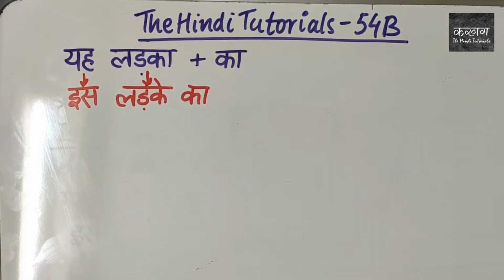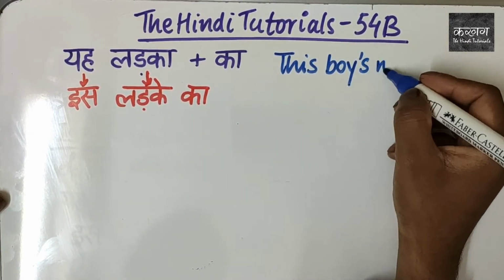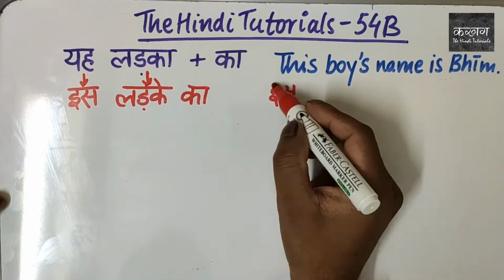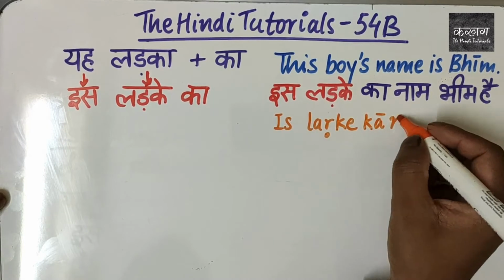Consider ये लड़का. If we add का to ये लड़का, it becomes इस लड़के का, of this boy. For example, if I want to say this boy's name is Bheem, it will become इस लड़के का नाम भीम है.